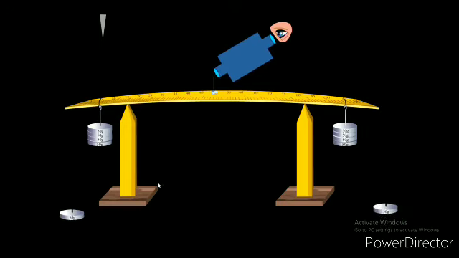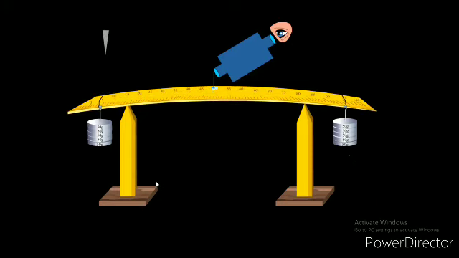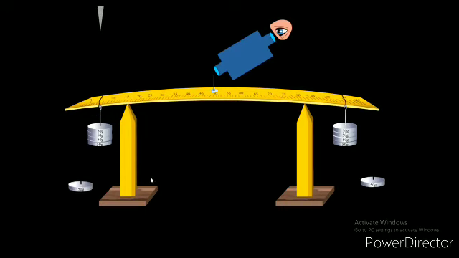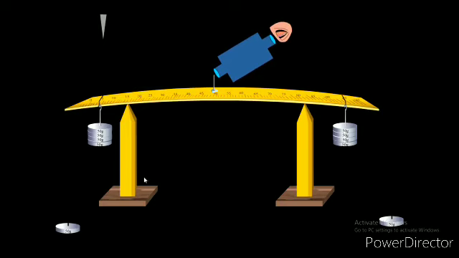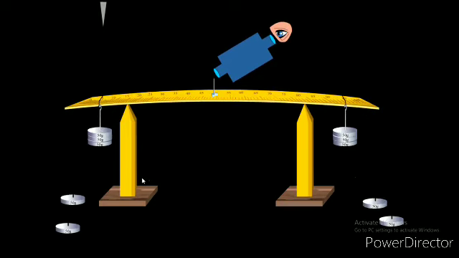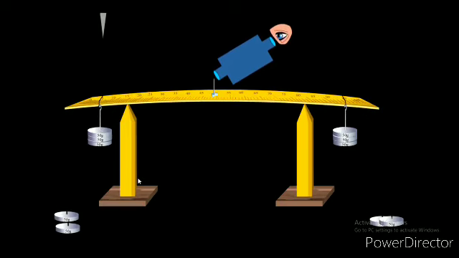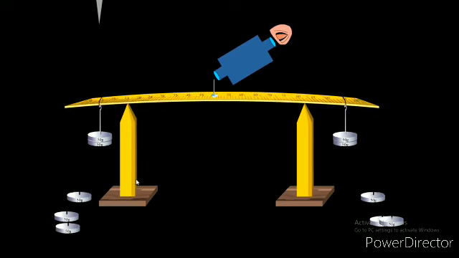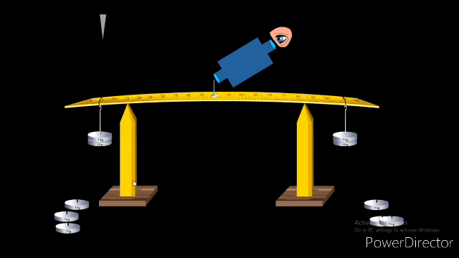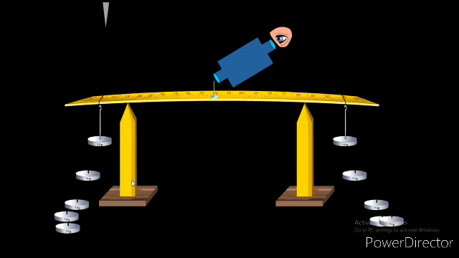The same procedure is followed until the maximum load is reached. The similar procedure is repeated by unloading the weights in steps of the same 50 grams, and the readings are tabulated. Using the observed data, the elevation is calculated.